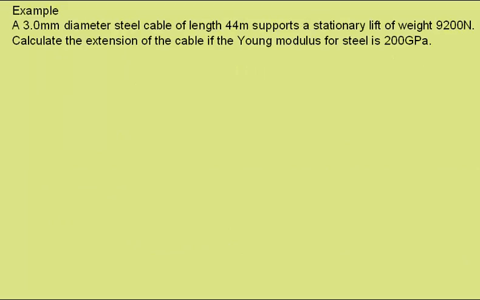Let's look at an example. A 3 mm diameter steel cable of length 44 meters supports a stationary lift of weight 9,200 newtons. Calculate the extension of the cable if the Young modulus for steel is 200 gigapascals. Well, if we first write down the Young modulus equation, then rearrange for delta L equal to tension multiplied by length divided by Young modulus and the cross-sectional area.